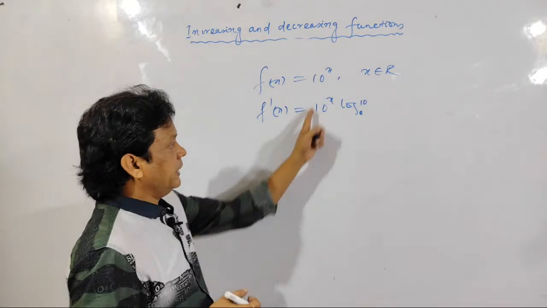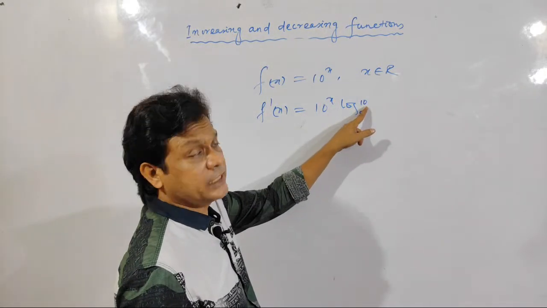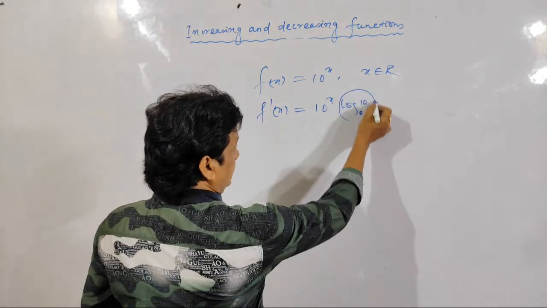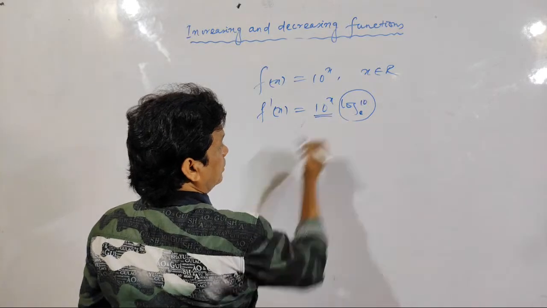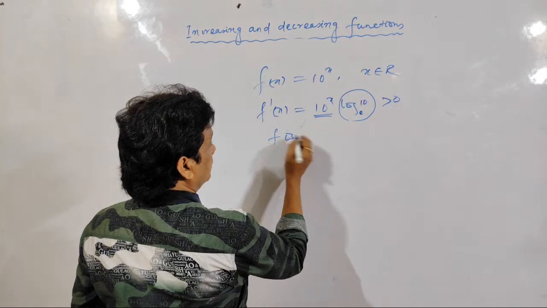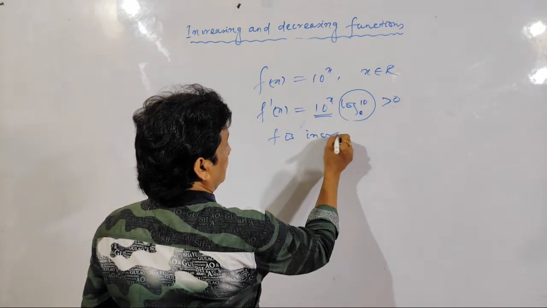So 10 to the power x into derivative of x, which is 1, into log a to the base e. Here a is 10, log 10 to the base e. And this quantity is positive, and 10 to the power x is positive, so it is greater than 0. That means f is increasing.